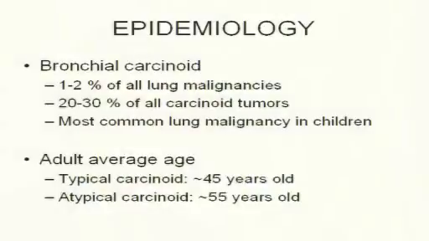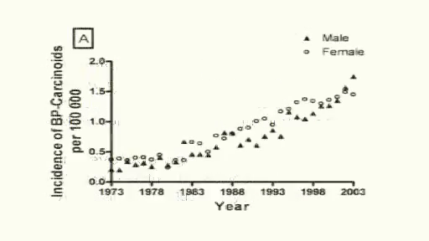About 1 or 2% of all lung malignancy are bronchial carcinoid, and of all the carcinoid tumors, 20 to 30% originate in the lung. It's the most common lung tumor in children. The age for the typical carcinoid is about 45 years old, and for the atypical carcinoid about 55 years old, a bit older.